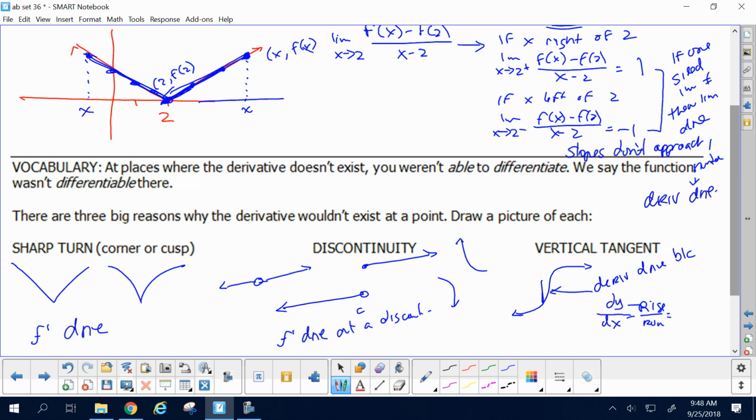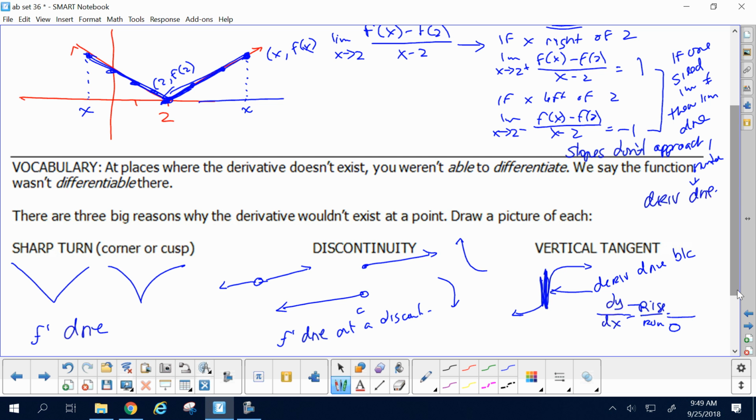Well, if it goes vertical, then it's rising without running. And if it rises without running, then what kind of denominator do you have? Yeah, right. So vertical tangents are cases where the derivative won't exist because the slope is undefined, and therefore the derivative is undefined.